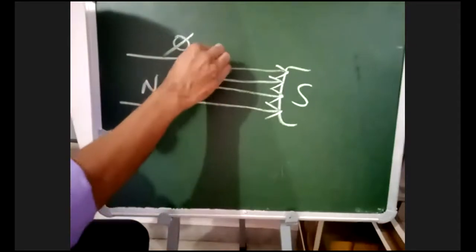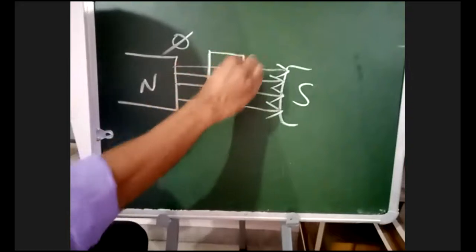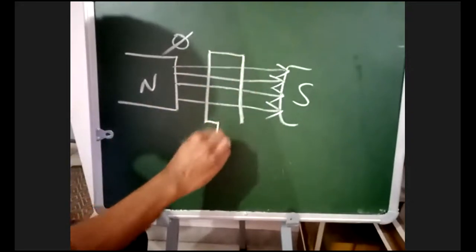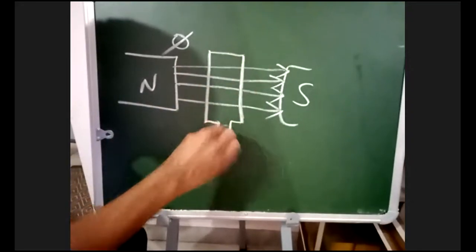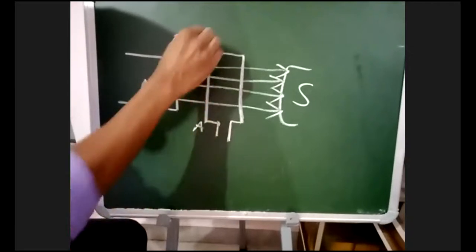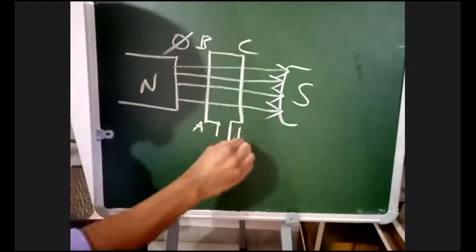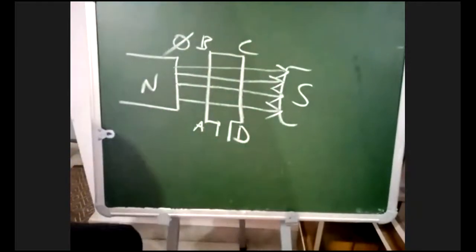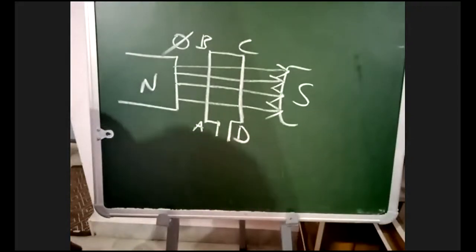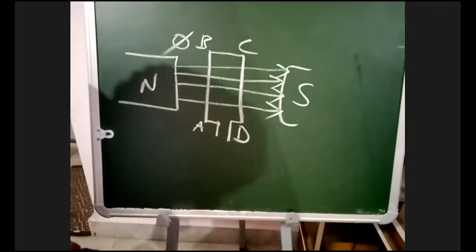See, I am taking one conductor here, one coil, A, B, C, D. A, B, C, D is the copper coil. Draw this.